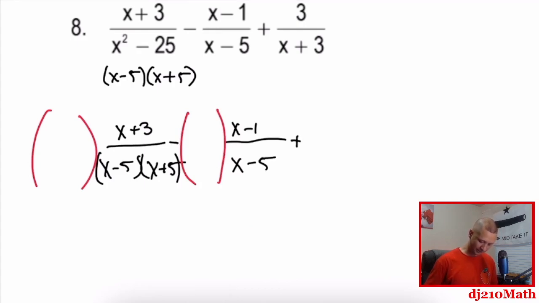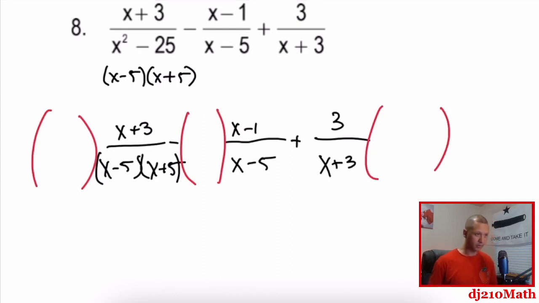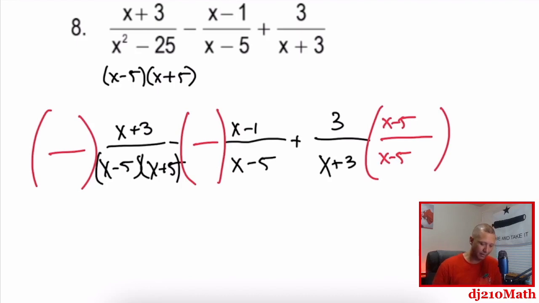And then plus, all right, this is going to be pretty intense. So we're basically playing a game to make all the denominators match. So everything in the bottom, except for the last thing, has an x minus 5. So x minus 5 is going to go on the far right. Right, everything in the bottom needs x minus 5.